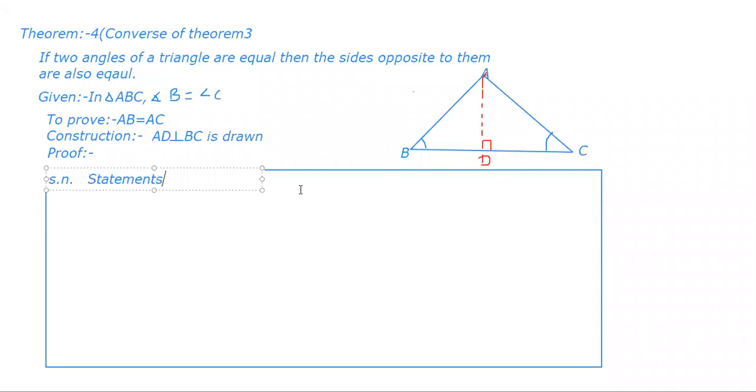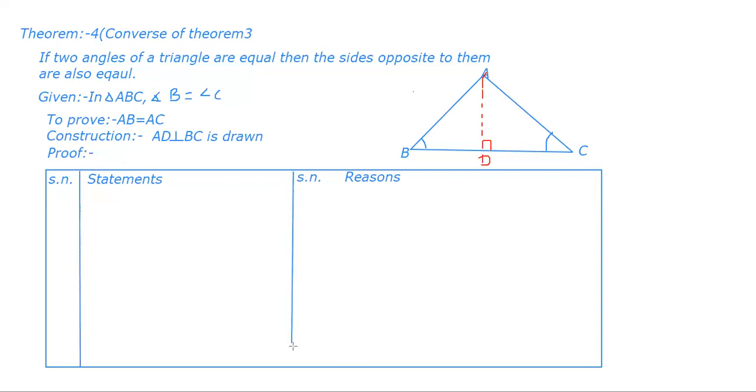Statements, also serial number, reasons. First of all, for the isosceles triangle, one triangle you will make where two angles are equal, base angles are equal, and then you have to prove that these two sides are equal.